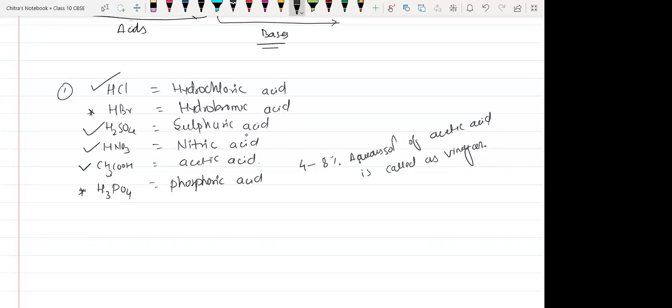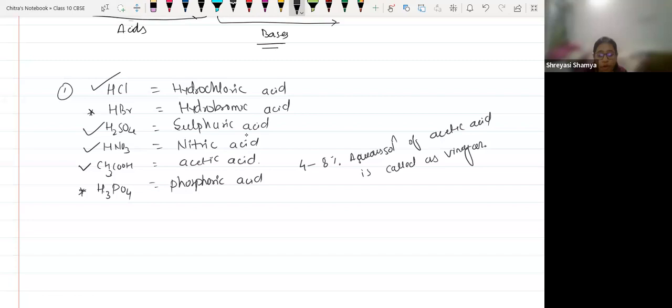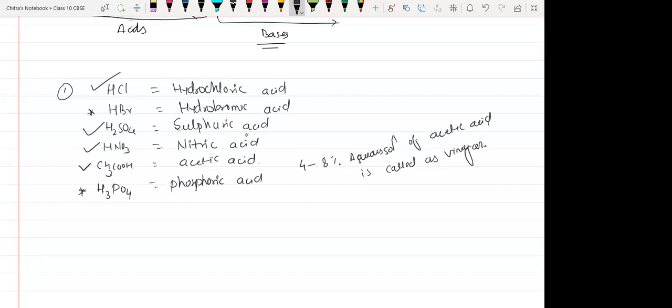So what about citric acid? They are very complex organic acids. Even formic acid also comes in. Formic acid is very, very simple. It is like CH3COOH, but here instead of CH3 we just use HCOOH.